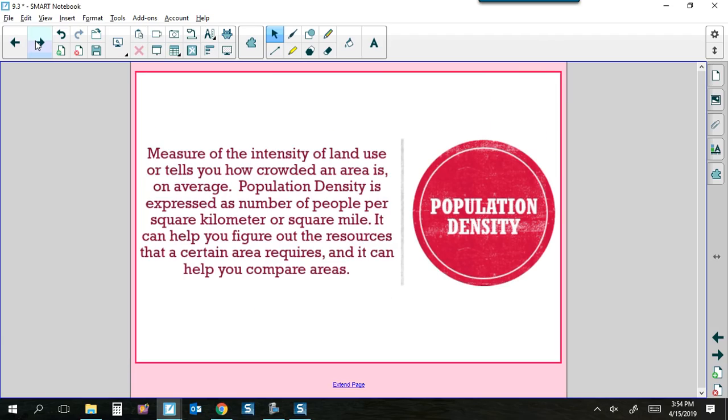We are now going to talk about population density, which was one of the parts of our learning target, deciding how many people live in a specific area. So population density is the intensity of land use, or it tells you how crowded an area is on average. Population density is expressed as a number of people per square kilometer or square mile.